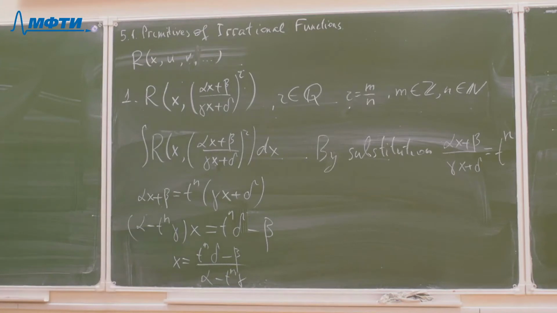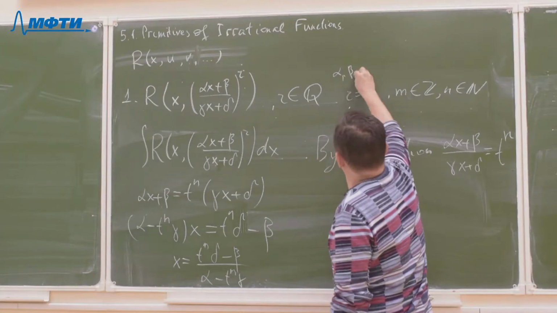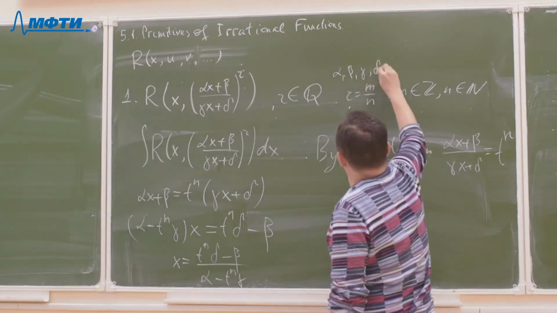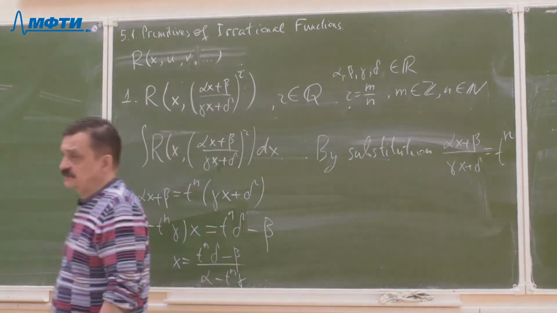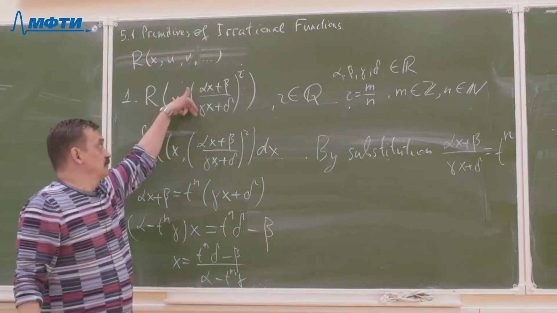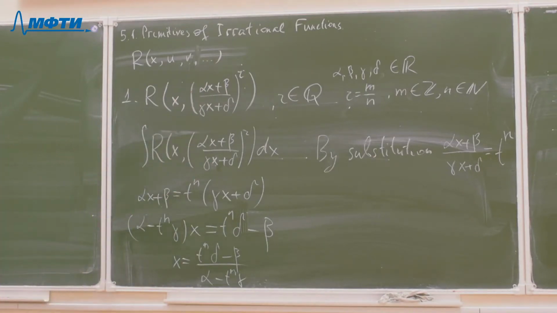Alpha, beta, gamma, delta are constants, real numbers. I forgot to mention it. Of course, it makes sense only when this ratio is indeed a rational function, but not a constant. A linear function is okay, but a constant makes no sense.